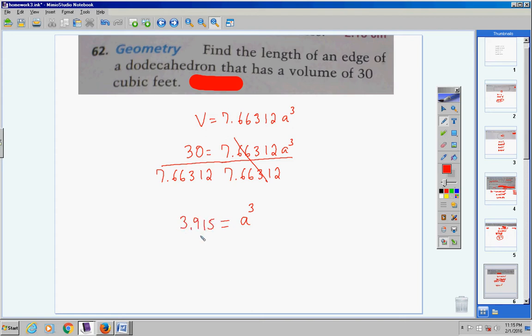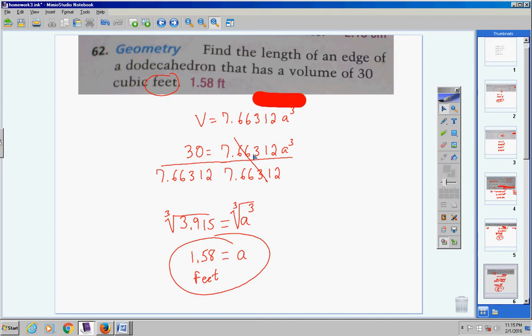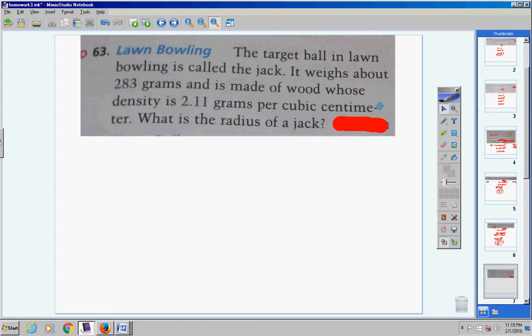Okay, now let's take the cube root of both sides. If we have an a cubed, we'll take the cube root of it. If we take the cube root of one side, take the cube root of the other side. The cube root of a cubed is a, and the cube root of 3.915 is 1.58. Now the volume was in cubic feet, so it'd be 1.58 feet. That would be your answer. 1.58 feet.